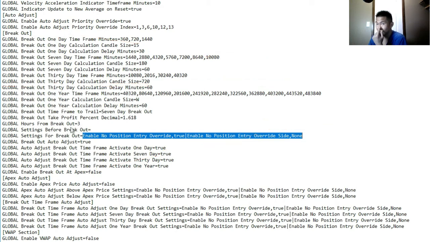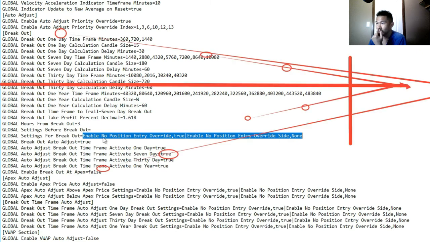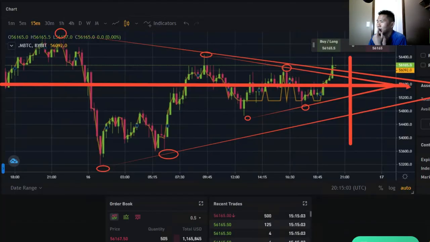And then let me talk about the percent decimal, the breakout take profit percent decimal. Okay, let's talk about that. I think I remember what that is. Let's say this is the breakout percent take profit.